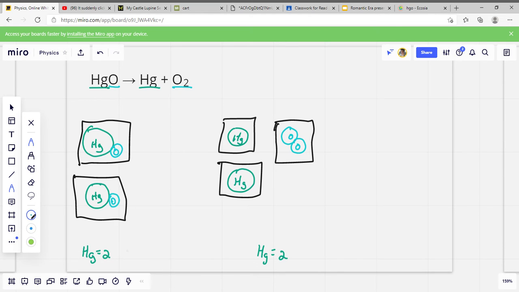And over here our oxygen is 2, and over here our oxygen is 2. So we are balanced. And to write this, we're going to need 2 of these molecules, so 2 HgO plus, no, not plus anything, just equals. We didn't add anything to it. Equals, we're going to get 2 Hg plus 1 O2.